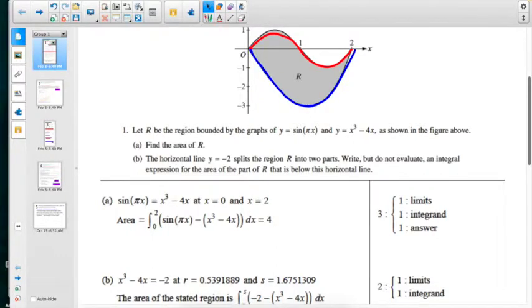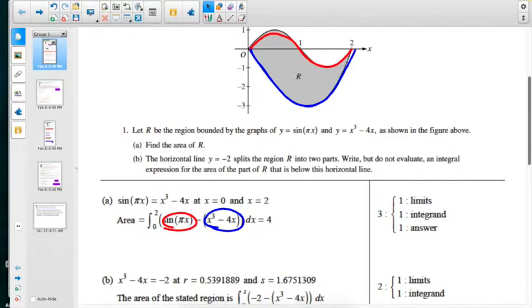And the upper curve was that sine curve, and it was the upper curve for the entire width of the domain. So the whole width here, this is always above, and this is always below. So we had then that integral of the upper curve minus the lower curve, okay? And then we were able to do an FN to get 4.